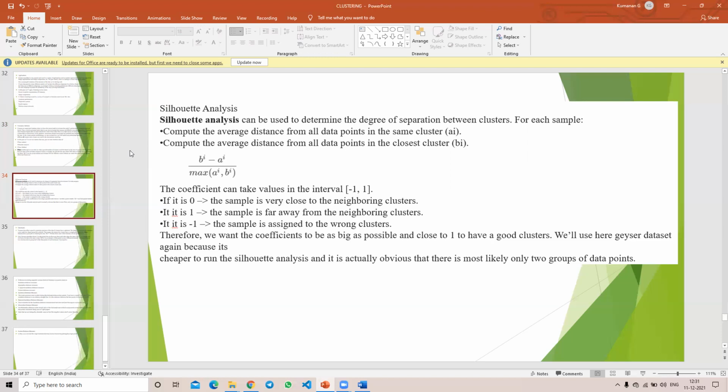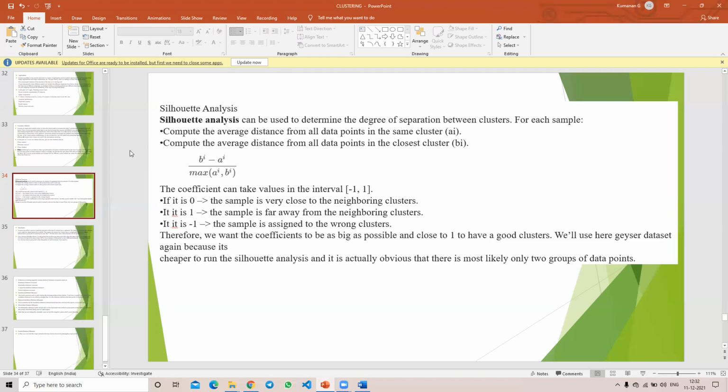Compute the average distance from all data points in the closest cluster. The formula is S = (b_i - a_i) / max(a_i, b_i). The coefficient can take values in the interval -1 to 1.